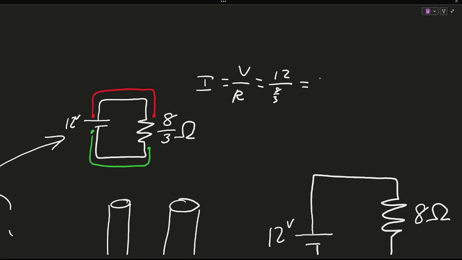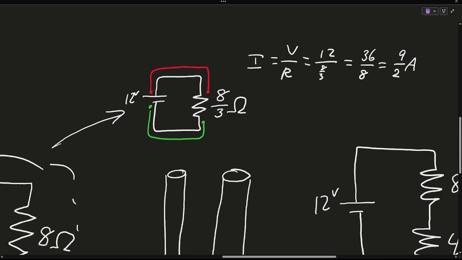which is going to be, let's see, 36 over 8, which is going to be 9 over 2, hopefully. I think I did that math right. And there's our current. And so same thing here, there's no splits.